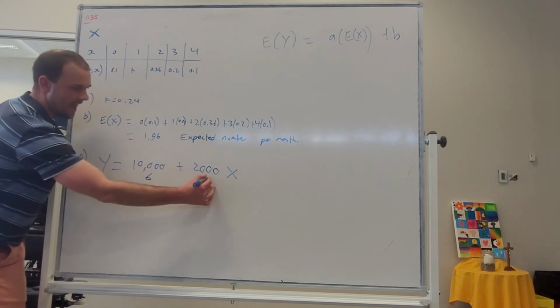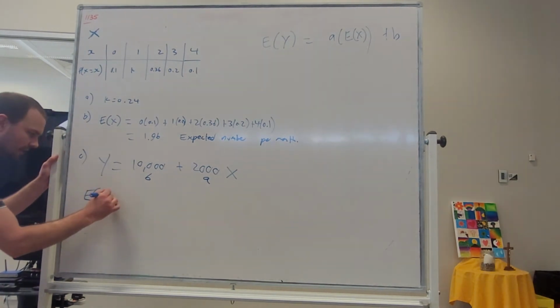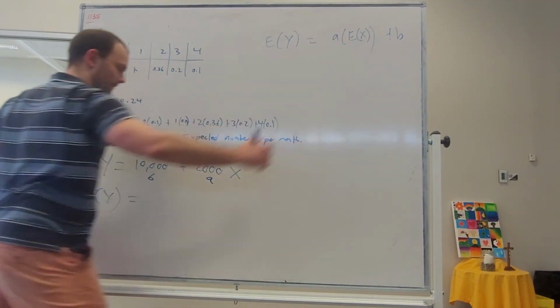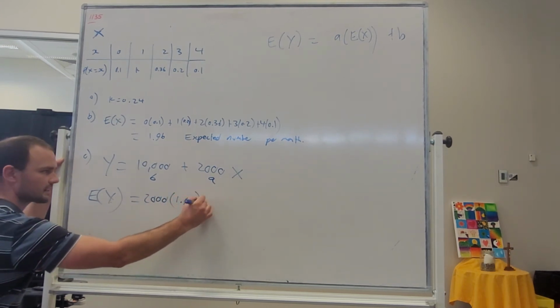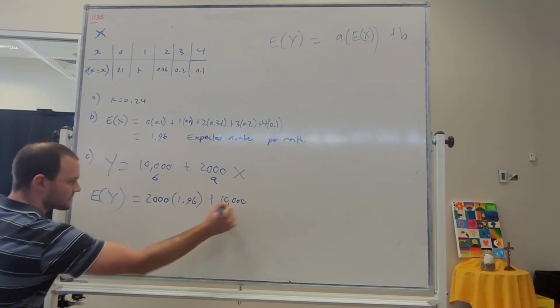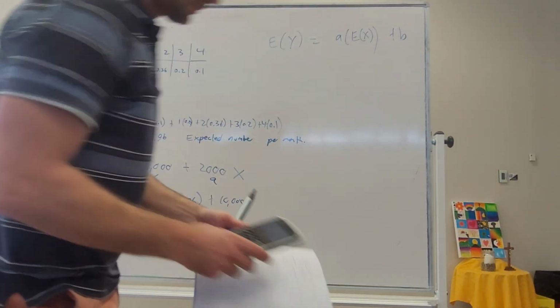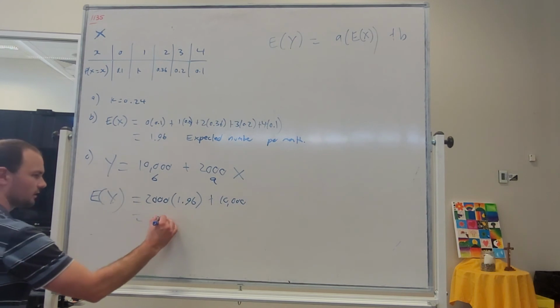This is our value of A because it's the coefficient of X. So our expected value of Y is going to be 2,000 times E of X. That is 2,000 times 1.96 plus 10,000. So what do we get when we do that? We get 13,920.